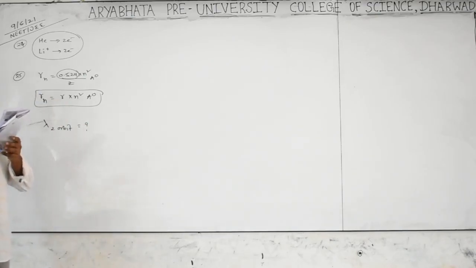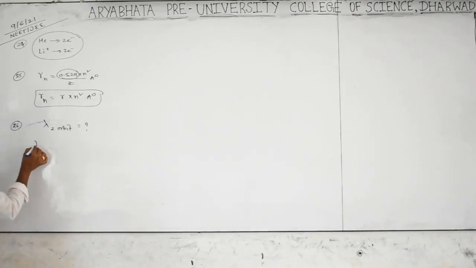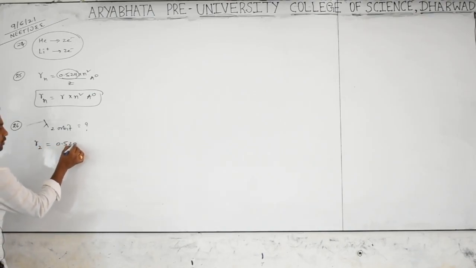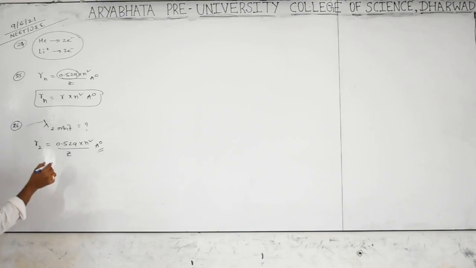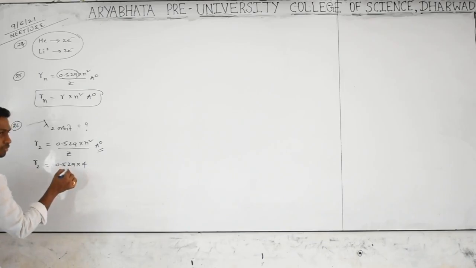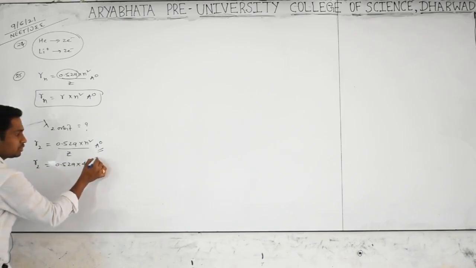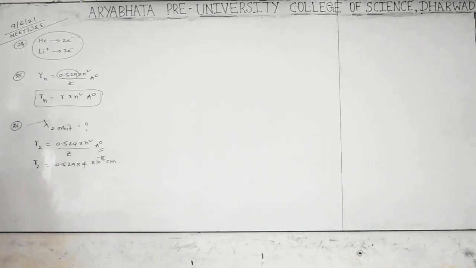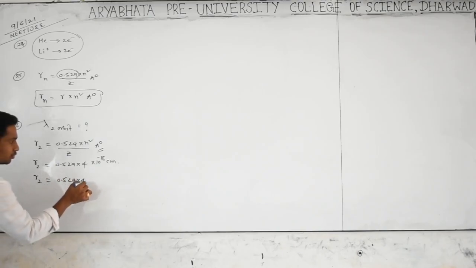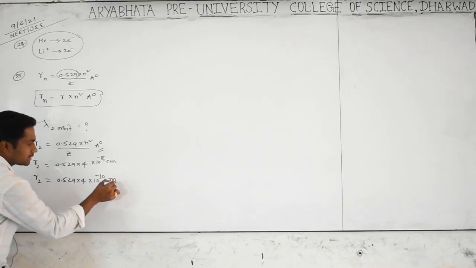What we can do, first of all, is find out the radius of the Bohr second orbit: 0.529 into n square by Z angstrom units. The radius of the second orbit is 0.529 into 4 by Z into angstrom unit, that means 10 to the power of minus 10 meters.